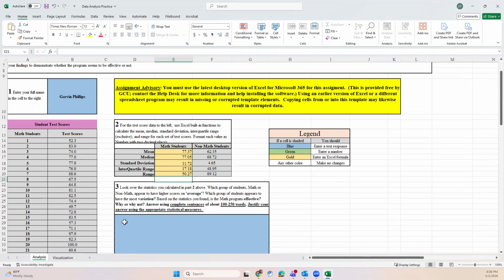But then you'll notice when we talk about variation, they're pretty spread out. Like the non-math have a higher range and a higher interquartile range, but they have a lower standard deviation. Whereas this one has a higher standard deviation, but a much smaller interquartile range and a smaller range. And I would put that in here.